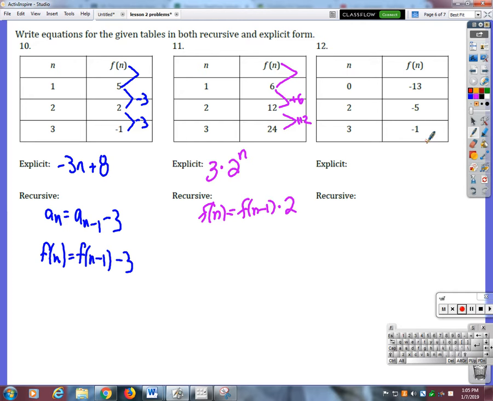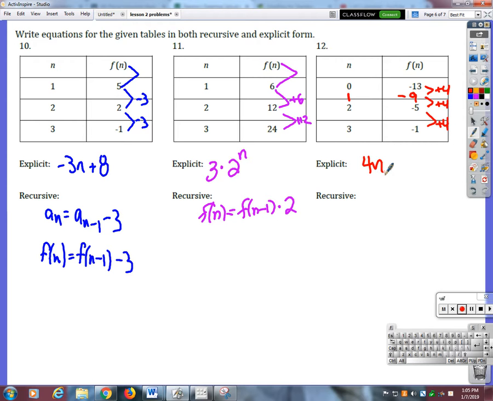Yeah, it skips 1. So there should be a 1 in between here. So what would this number be then? What's in between? Yeah, -9. So if we throw a -9 in there, now this is going plus 4, this is going plus 4, this is going plus 4.